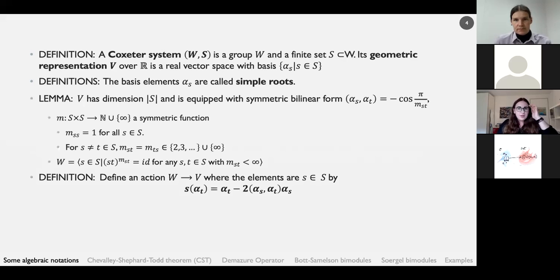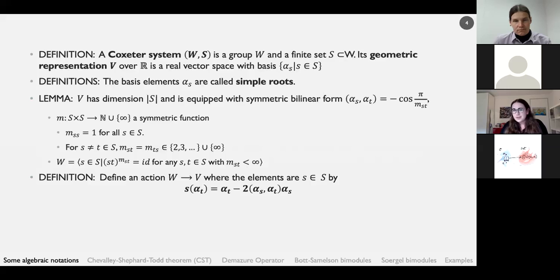Moreover, V has dimension the absolute value of S and is equipped with a symmetric bilinear form. This means that all simple roots have the same length. This bilinear form (α_s, α_t) is defined to be minus cosine of π divided by m_st, where m is a symmetric function which sends S times S to the natural numbers including infinity, and satisfies that m_ss is equal to 1 for all s in S, and for s not equal to t, m_st is equal to m_ts.